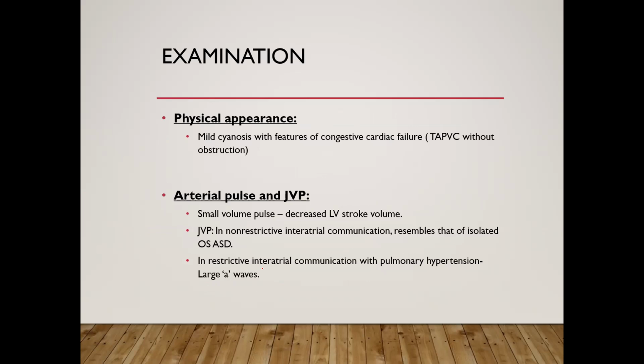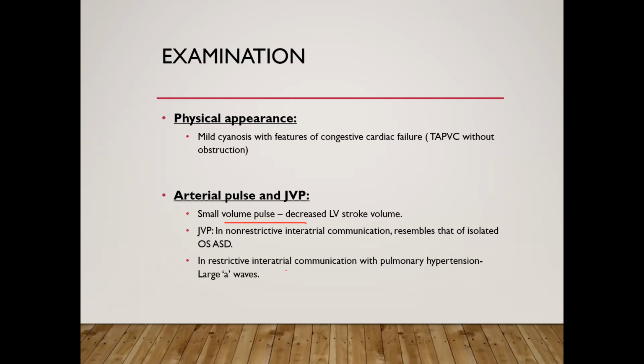Examination. These examination findings, which are different with obstruction and without obstruction, I will discuss. Usually on physical appearance, there is mild cyanosis with features of congestive cardiac failure. Arterial pulse is of small volume because of decreased LV stroke volume. JVP, if there is non-restrictive interatrial communication, resembles that of isolated OS ASD, with waveforms in the LA only.